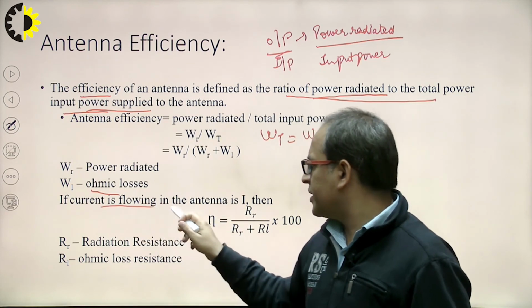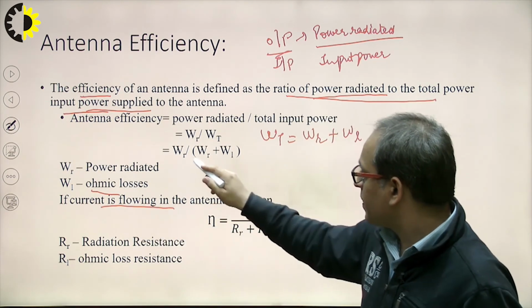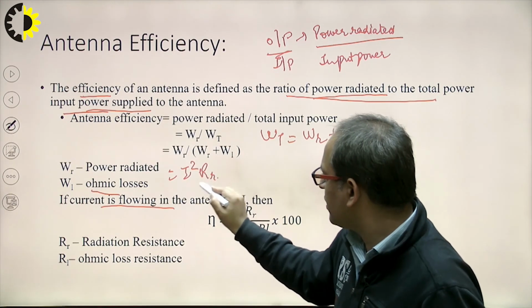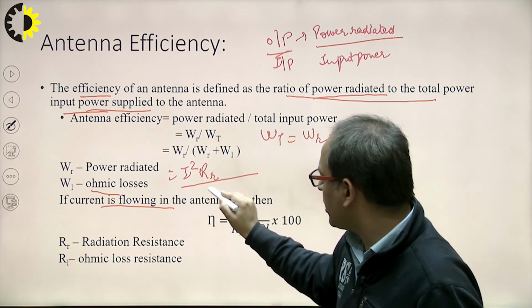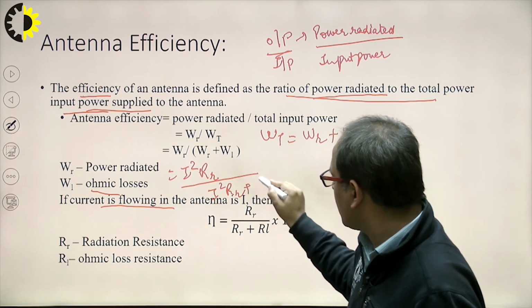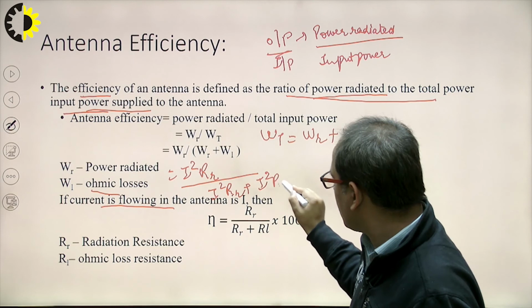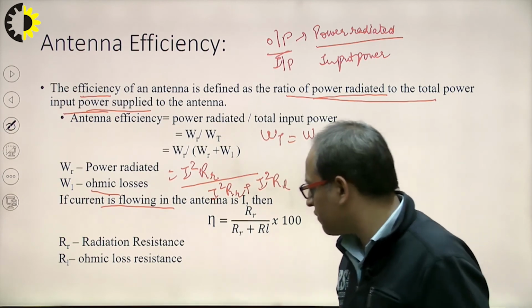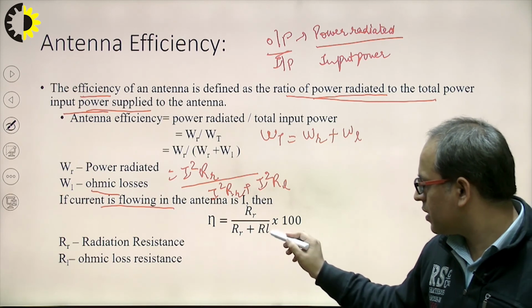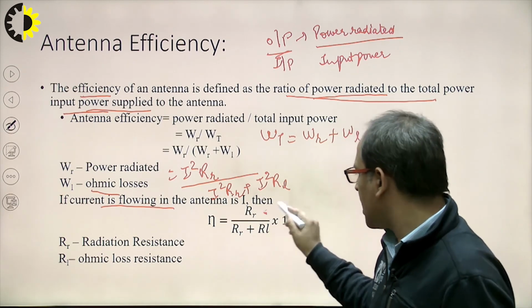Now if I explain the efficiency in terms of the radiation resistance, the current is flowing in the antenna, then efficiency will be what? I square RR divided by what? WT is what? I square RR plus I square RL. So antenna efficiency will be RR upon RR plus RL multiplied by 100. This RR is what?